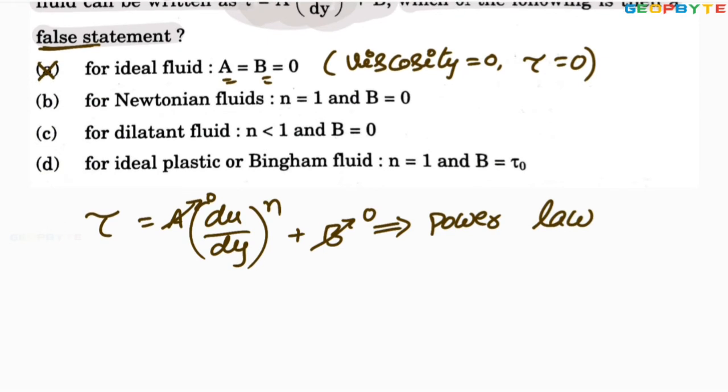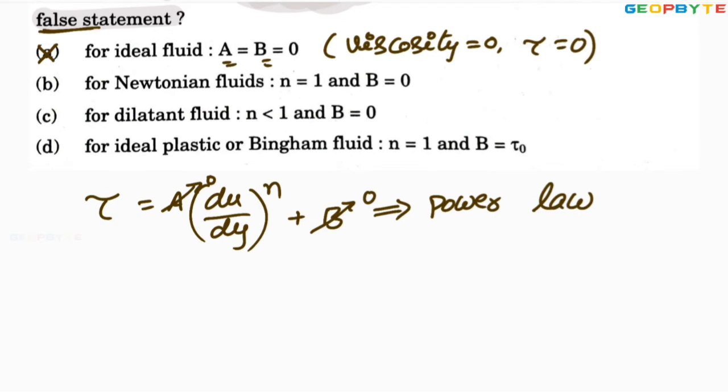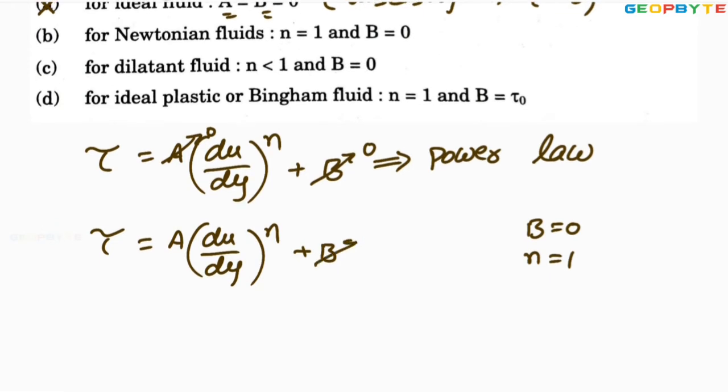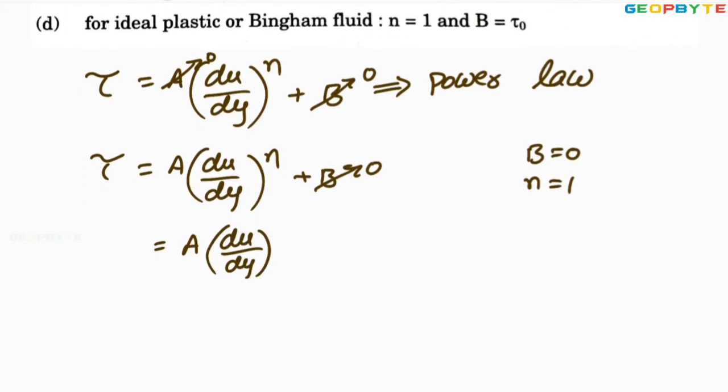Come to option B, for a Newtonian fluid. Here tau equal to a into (du by dy) power n plus b. For a Newtonian fluid, b equal to 0 and n equal to 1. Applying this, we get a into du by dy, where a is the constant.